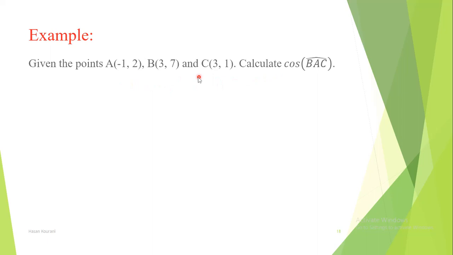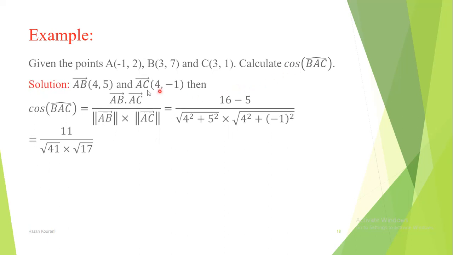Well, if you think about AC and BA, it's very easy. The vertex of this angle is A. Thus, stand at A and look to the left and right, and then you can easily get the suitable vectors, which are the AB vector and the AC vector, or AC and AB, never mind. Both cases are true.